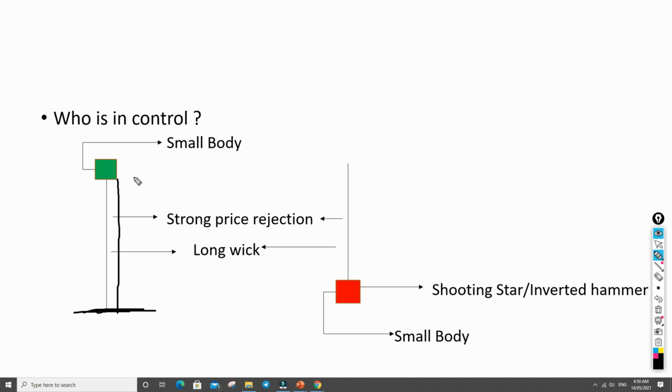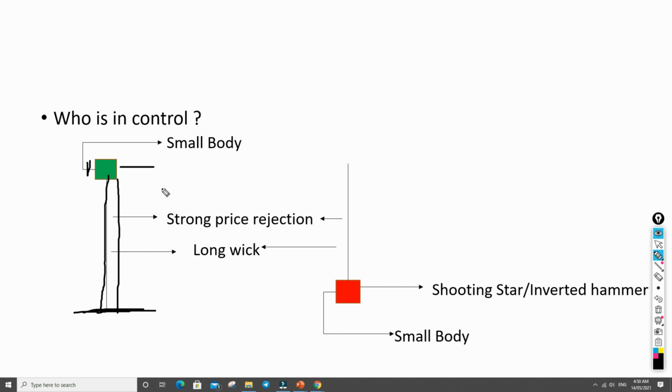And we can name this candle. We'll learn later how we name this. This is basically a hammer candle. For now, it looks like a hammer, with a small body and long wick.